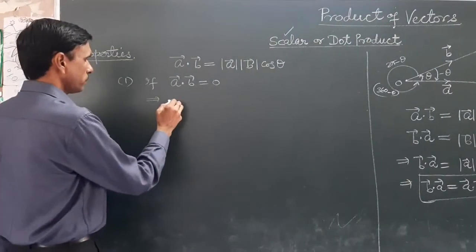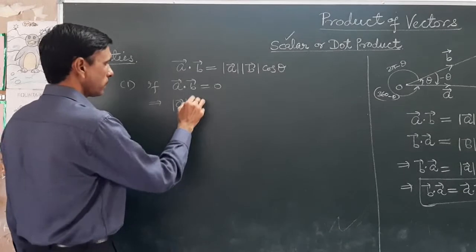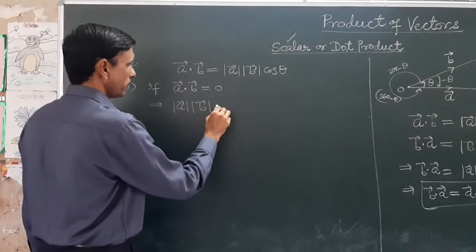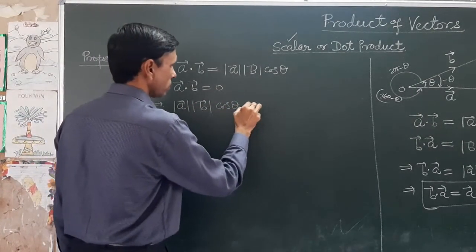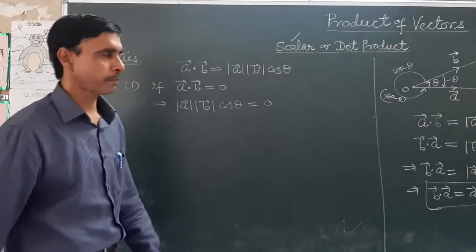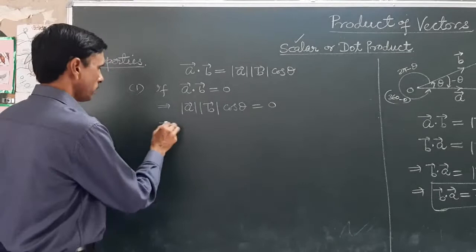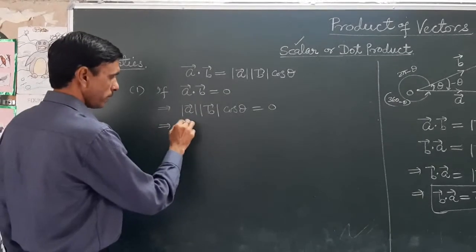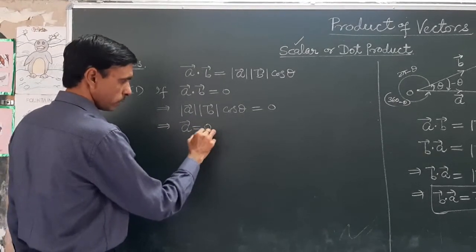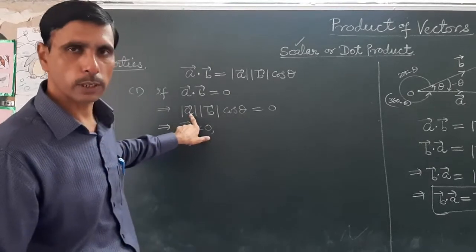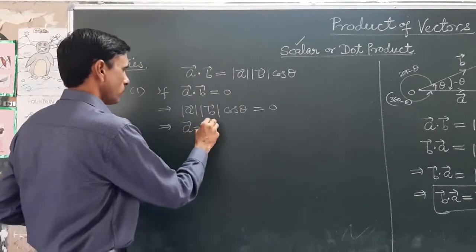This gives modulus A, magnitude B cos theta equal to 0. So if the product of three quantities is 0, then this is possible when first quantity is 0, magnitude 0 कब होगा? जब वेक्टर 0 हो. Null vector.